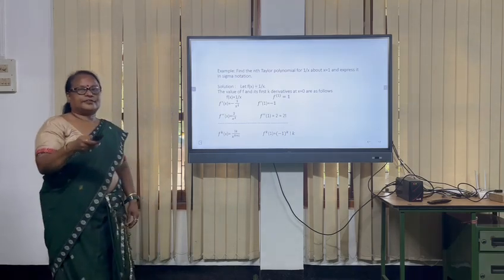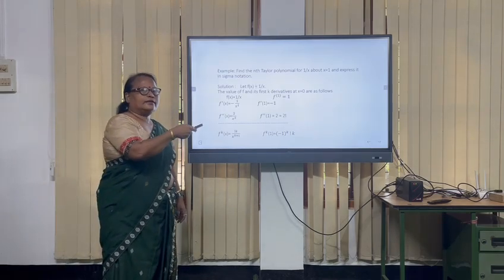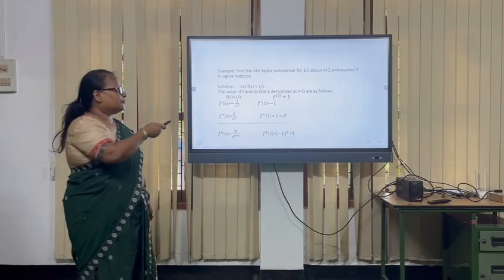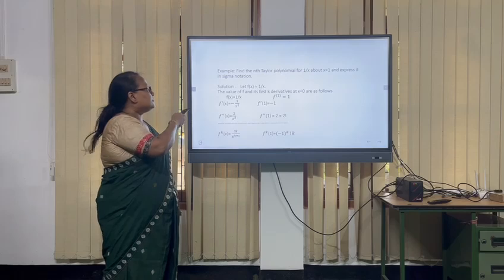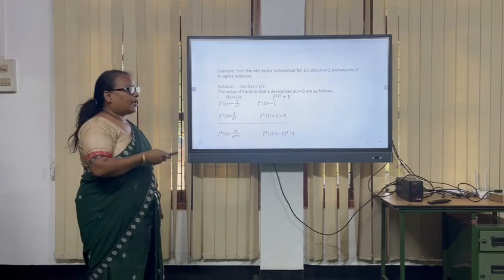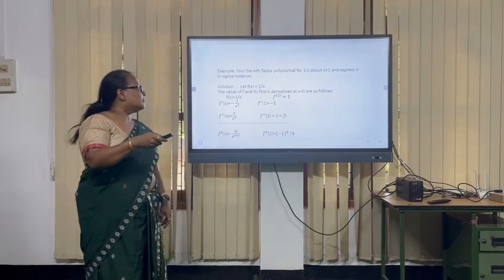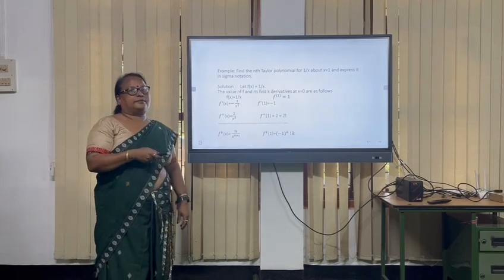So, at first, you assume the given function f(x) equal to 1 by x, and the value of this function and its first k derivatives.